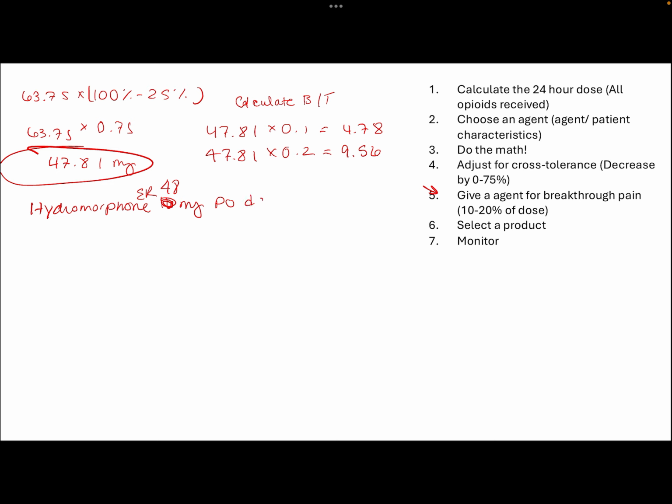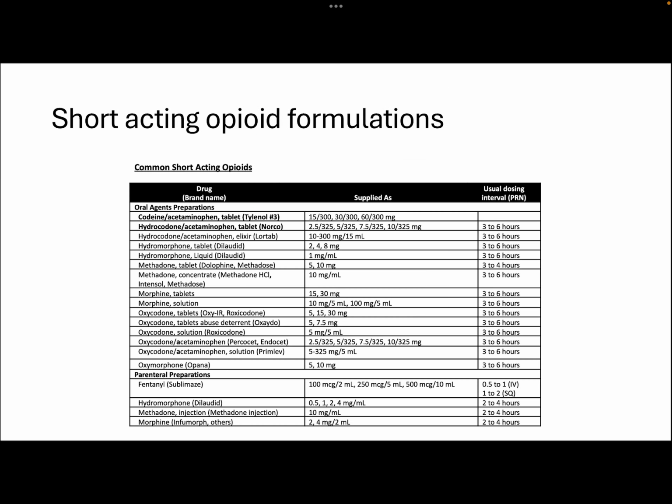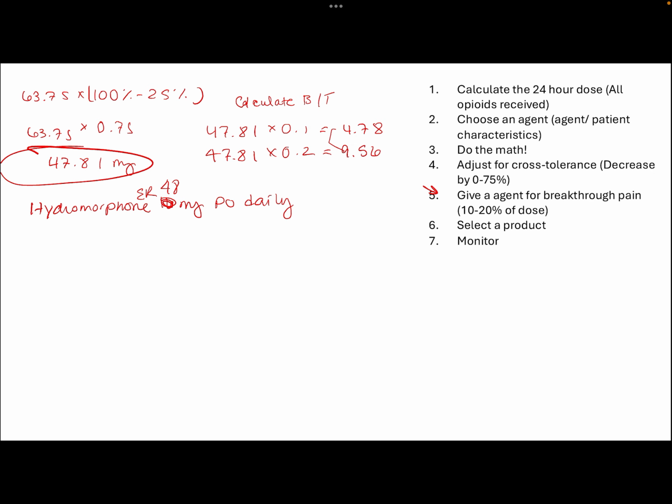For our breakthrough, we know that it comes in 4s and 8s, so we'll pick a number right in the middle of it. And we can either pick 6 or 8. Let's just pick 8 because that's an easy one. And once again, I can pick any range between a PRN of 3 hours to 6 hours.